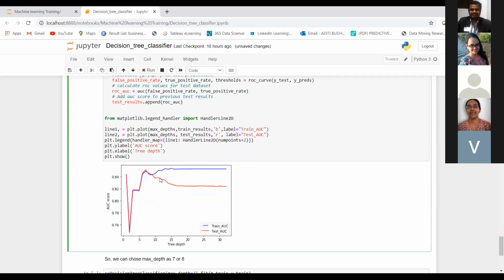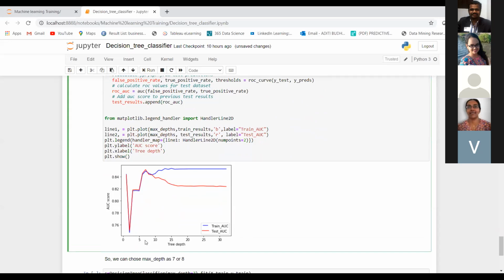So here you see I have plotted the value of the tree depth that I have taken and the corresponding AUC score. I have plotted this in this graph, for both training and testing.